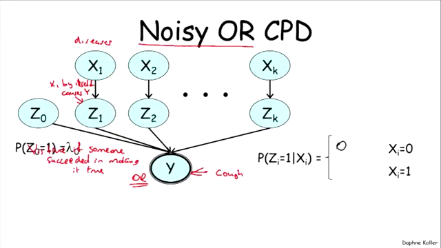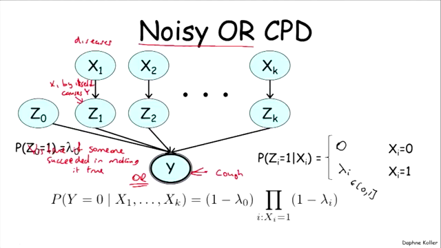If xi is not true, zi doesn't get turned on ever. If xi is true, then there's some probability for zi to get turned on, and that probability is something called lambda i. And lambda i is in the interval 0, 1, and you can think of it as defining some kind of penetrance of how good xi is at turning y on.